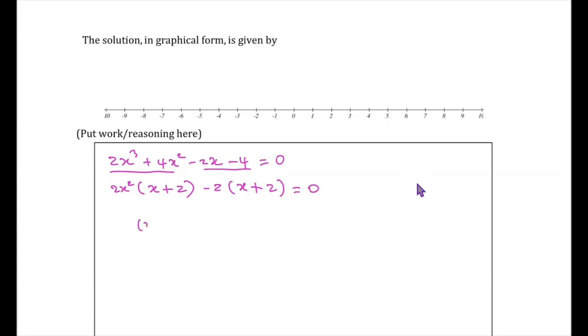We factor x plus 2 again. Well, we keep 2 on the outside, and then x squared minus 1 equals 0, which is 2 times x plus 2, times x plus 1, times x minus 1 equals 0.